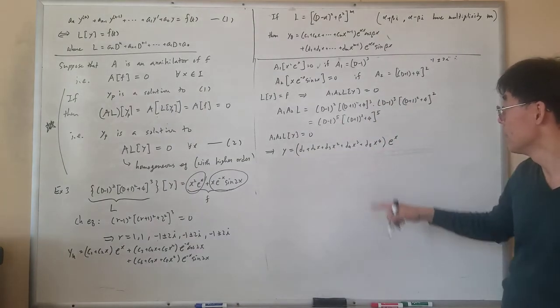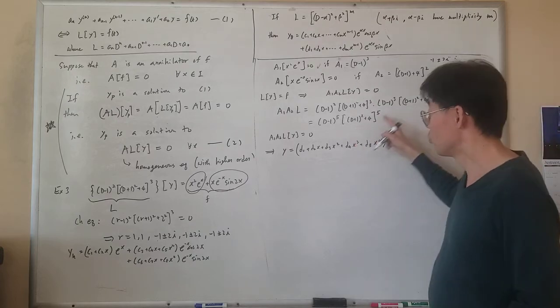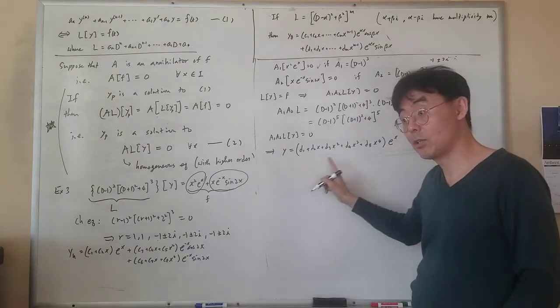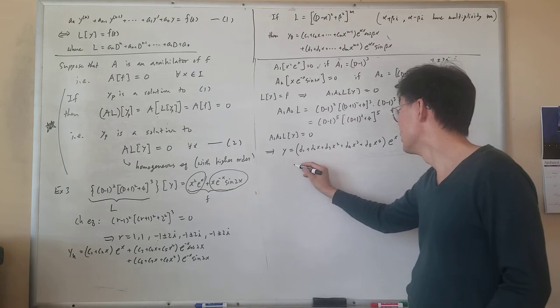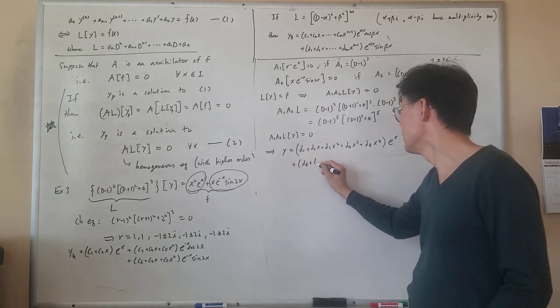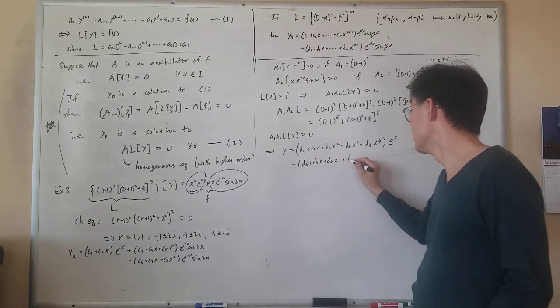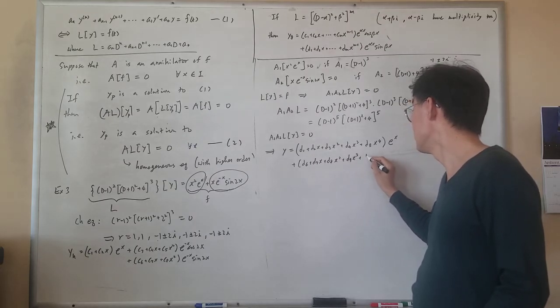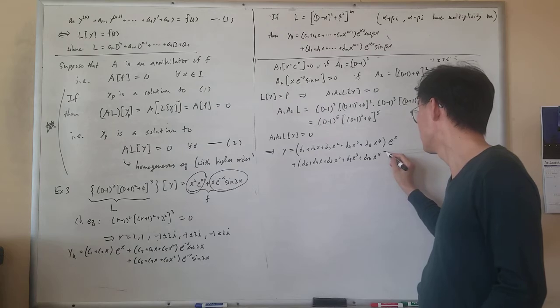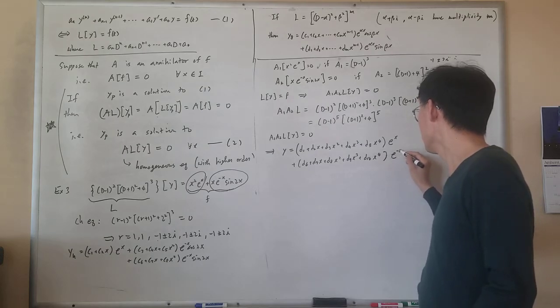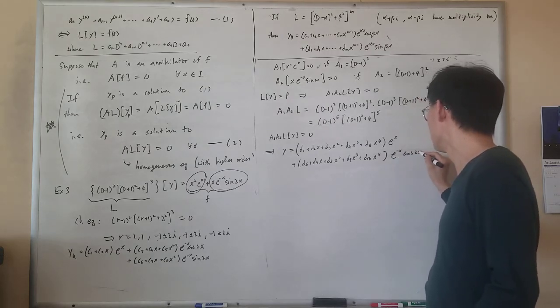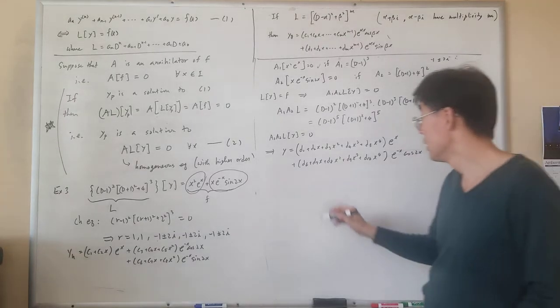You have another 5 from e to the minus x, cosine 2x and sine 2x. So, plus d6, d7x, d8x squared, d9x cubed, d10x to the fourth, e to the minus x cosine of 2x, right?